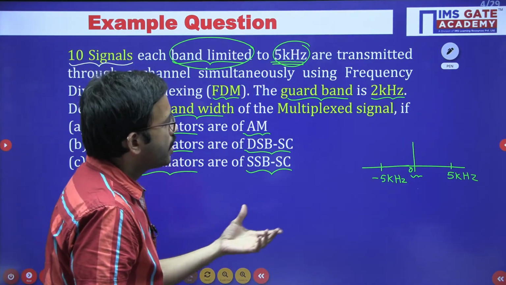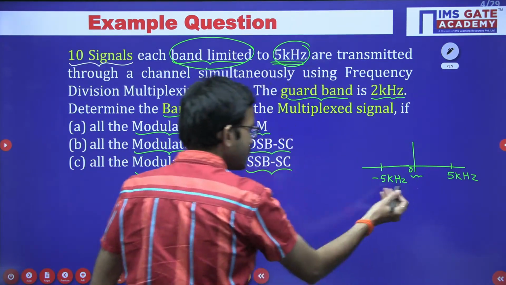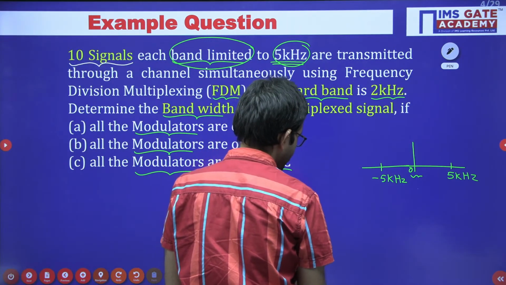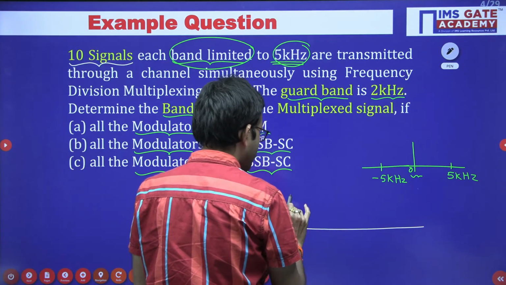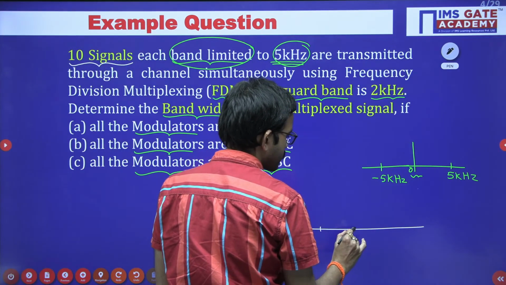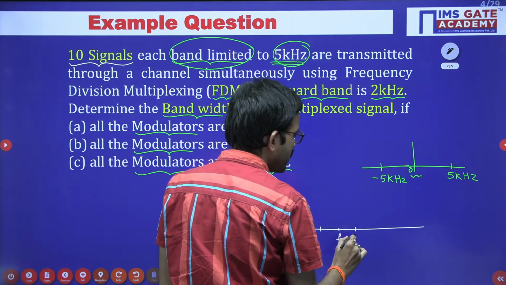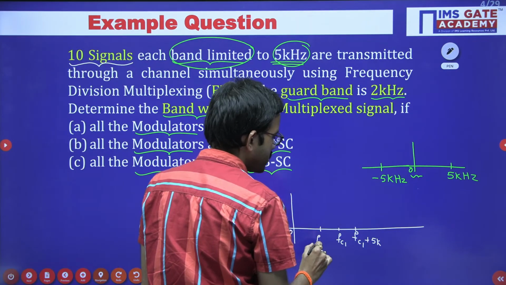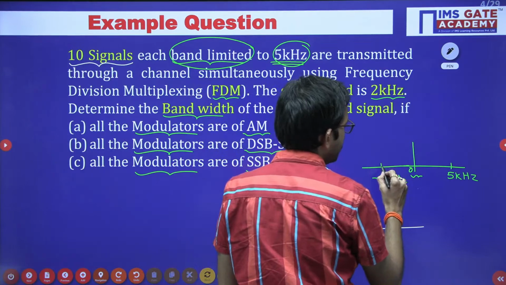Ideally speaking, say for example this is the 0 frequency, and this particular signal has been shifted to FC1. This is the center frequency FC1, so here it is FC1 plus 5K and this frequency is FC1 minus 5K.